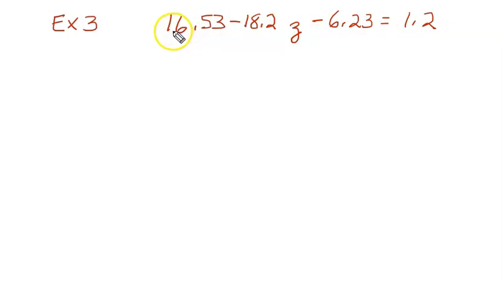So notice this term has 2 decimal places. This term only has 1, but I could add a 0 so that it does now have 2. This has 2 decimal places. This only has 1, but I could add a 0, and now each of my terms have 2 decimal places. So, what's the protocol of getting rid of decimals?